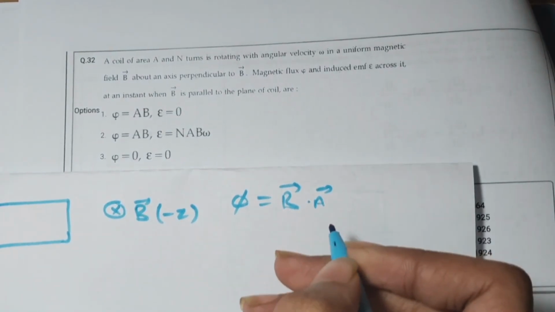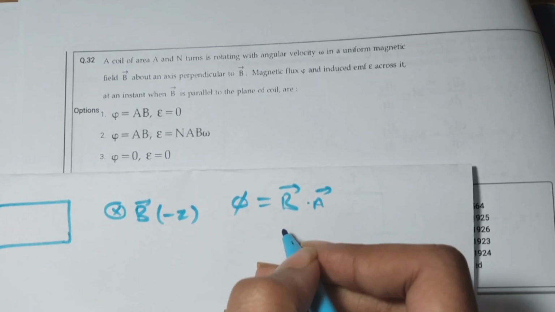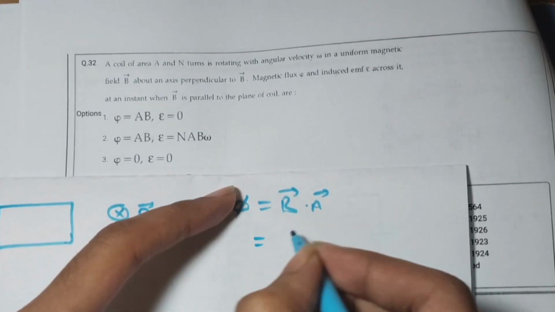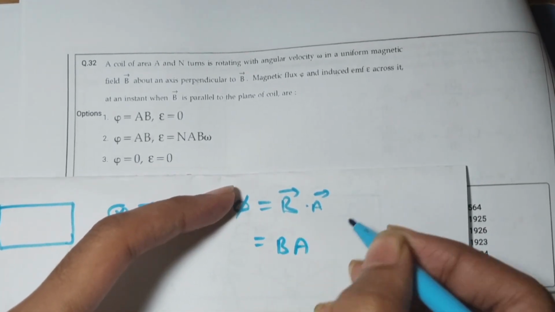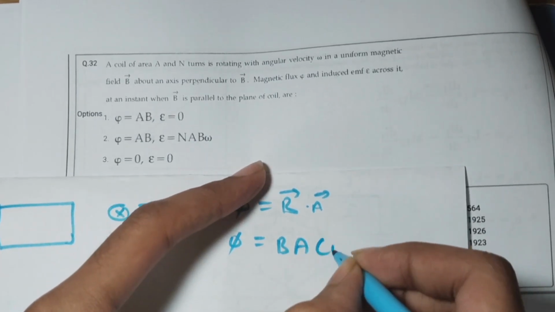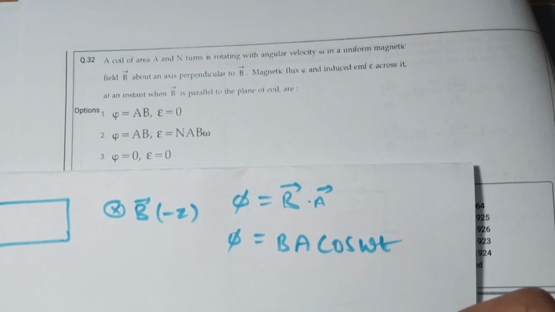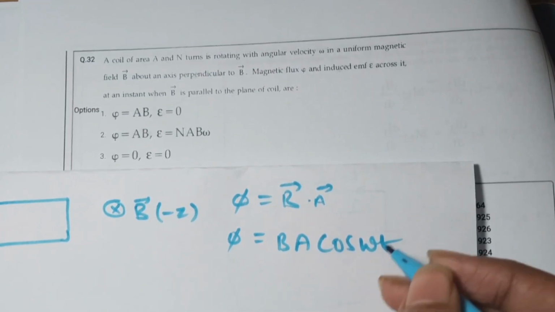Okay, I am assuming that it is rotating with the angular velocity omega, and I am writing flux as BA cos omega t, because since the coil is rotating, its area vector also rotates with it.